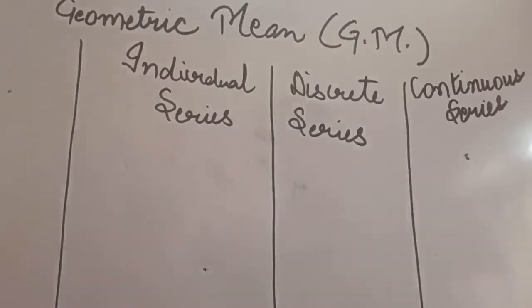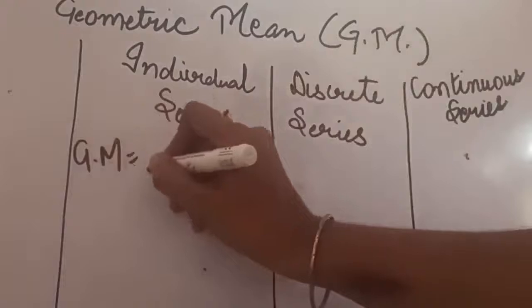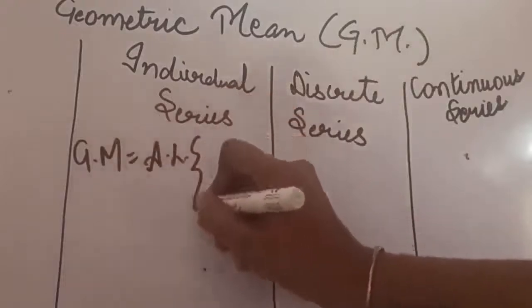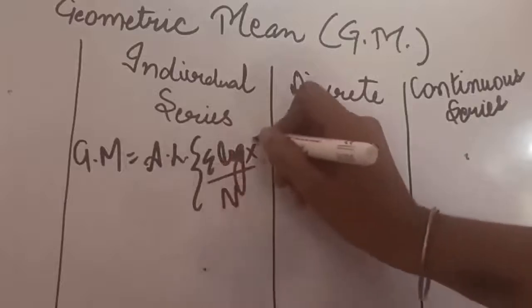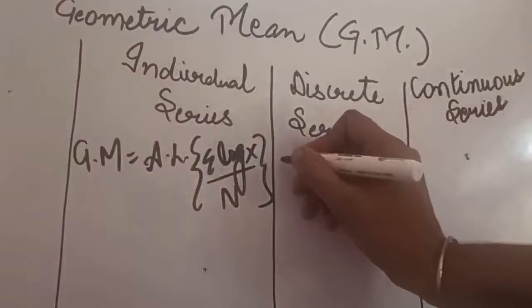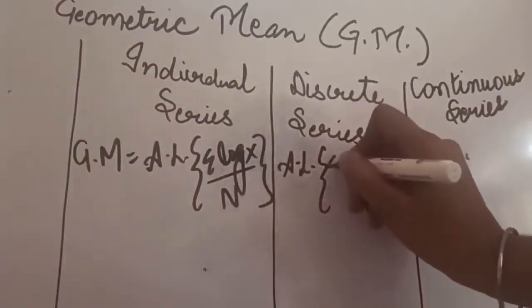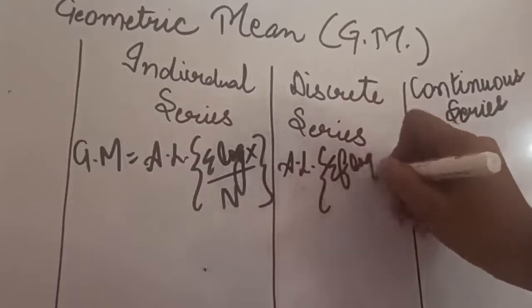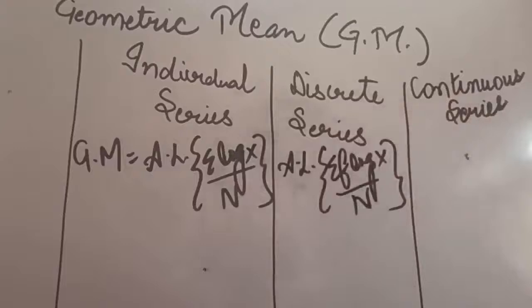If you are discussing an individual series, the formula for geometric mean is anti-log of sigma log x divided by n. So this will be the formula. If there is a discrete series, in that case geometric mean will be anti-log of sigma f log x, because now frequency will also be there, so that will be multiplied with the log x.